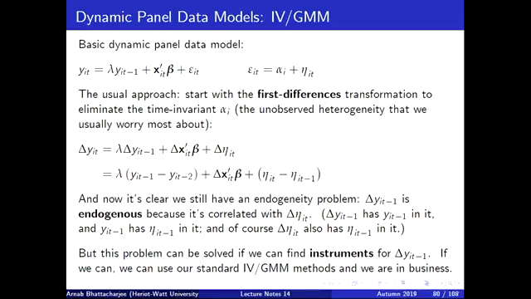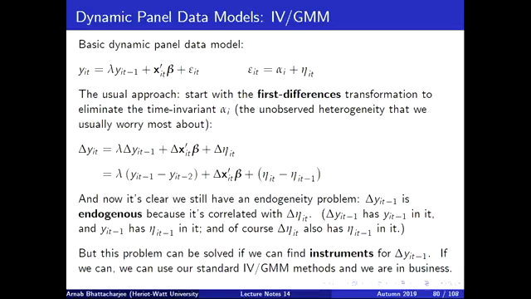Now what is lambda here? Lambda is this persistence parameter. What value should it have? You have not done time series here, but you have done it at undergrad level. You know that for stationarity conditions, which need to hold here anyway, lambda should be between minus 1 and 1. But in particular, for this to make sense in an economic context, lambda should really be between 0 and 1.